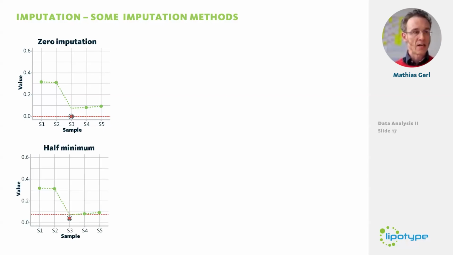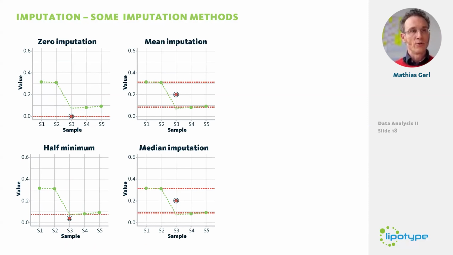A less harsh variation of that is the half minimum. You take the lipid, find the lowest value, and divide this value by half, and that's your value. So this is a different version of zero imputation, but you basically give it half of the lowest value that is found in that lipid.